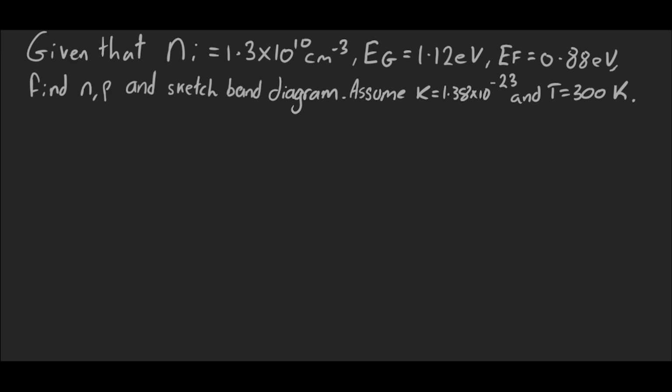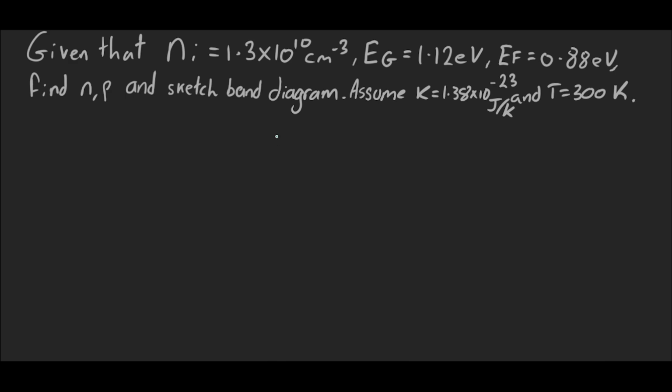You can assume for this question that the Boltzmann constant k is 1.38 times 10 to the power of minus 23 joules per Kelvin, and the temperature is 300 Kelvin. So pause the video and have a go.